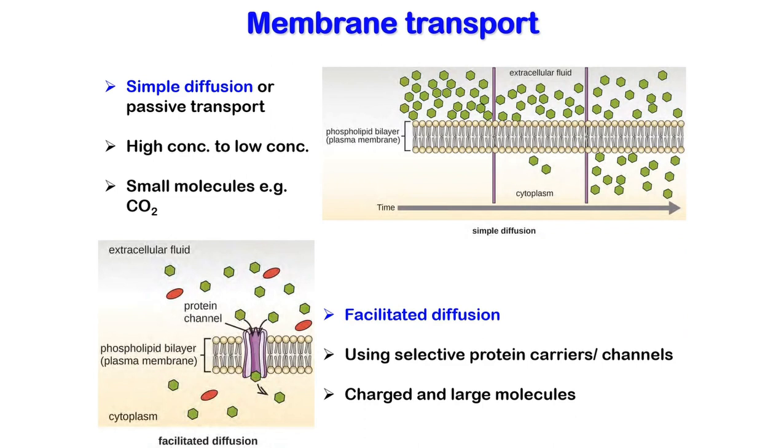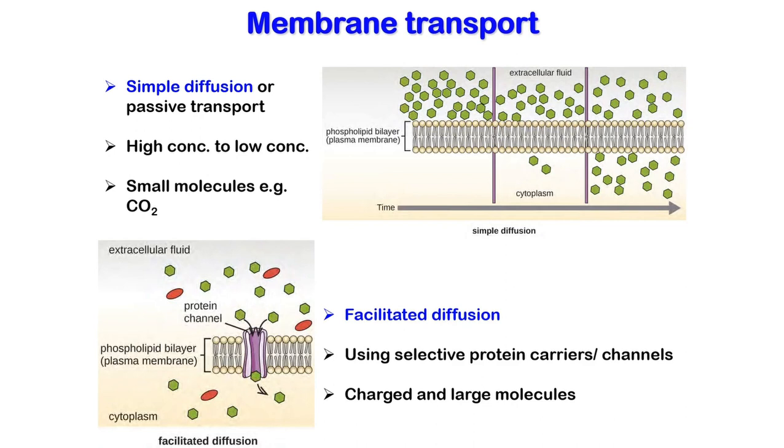Okay, so we talked about this membrane being selectively permeable. So how do molecules cross the membrane? There are three main methods by which they can cross: simple diffusion, facilitated diffusion, or active transport. Simple diffusion is when molecules pass through the membrane down their concentration gradient, so from a high concentration to a low concentration.